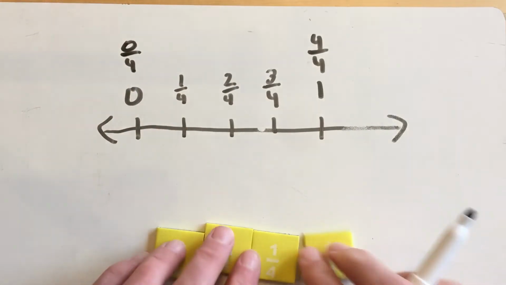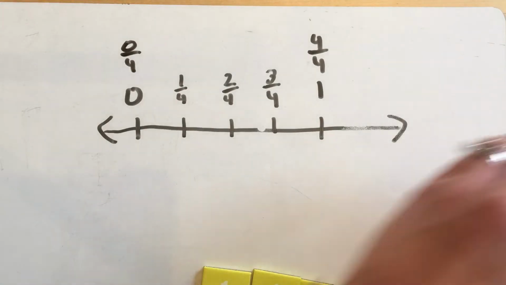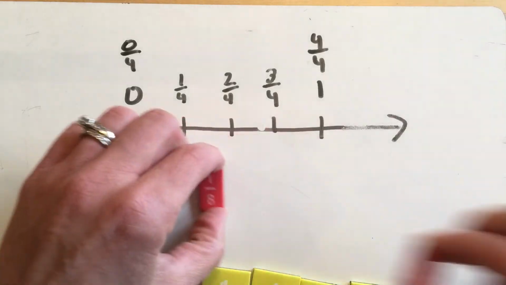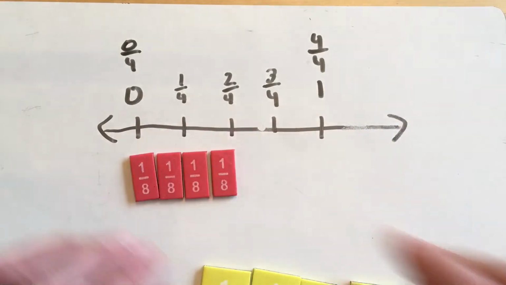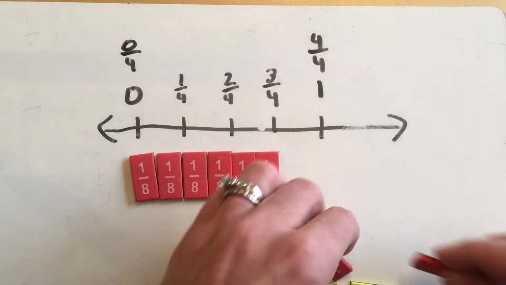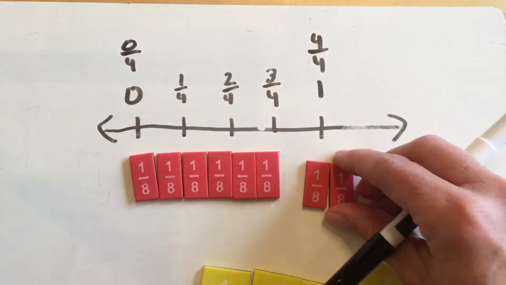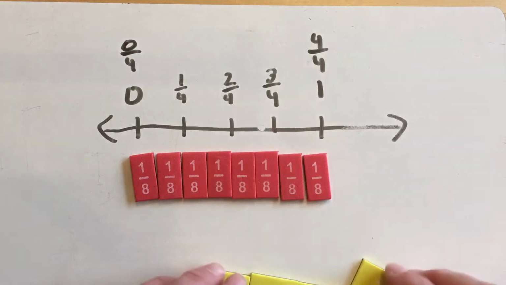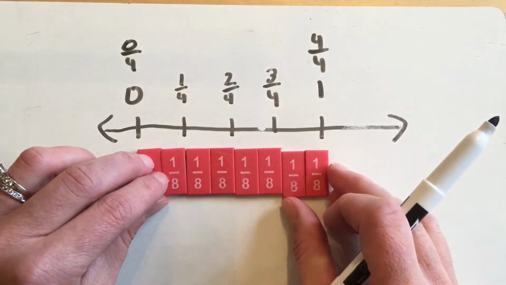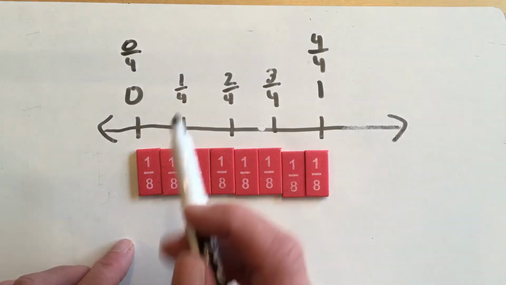Okay, now I'm going to remove my fourths for a minute and put my eighths by the number line. Now we're going to partition our number line into 8 equal parts, and I'm going to follow the fraction strips.